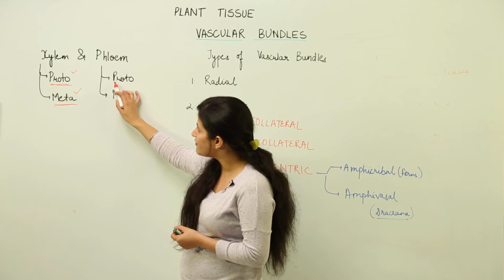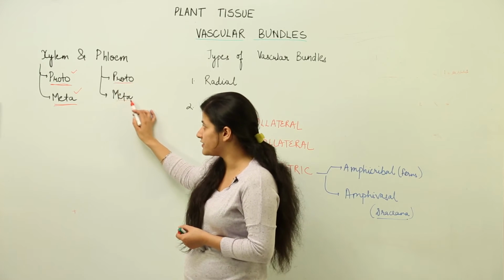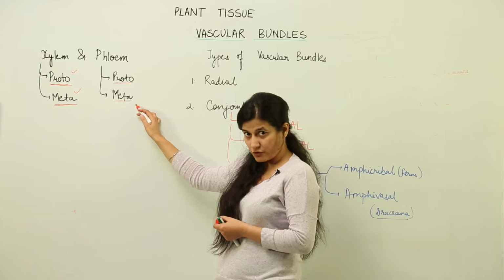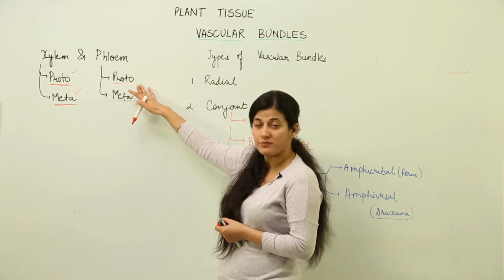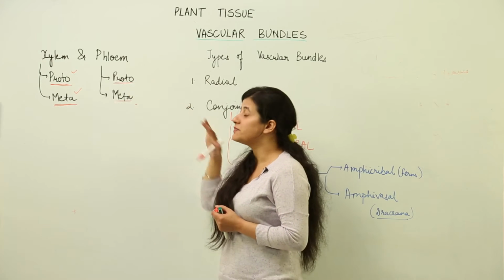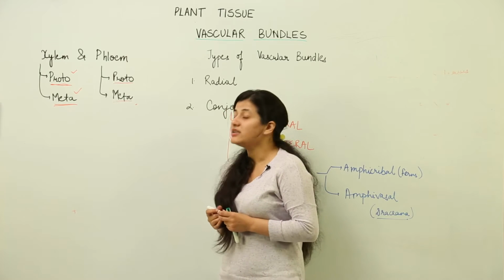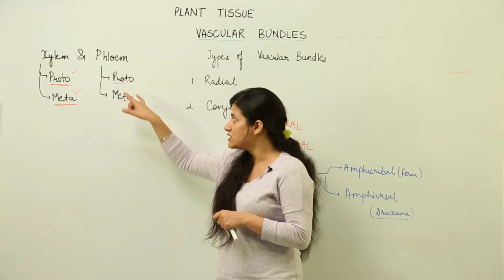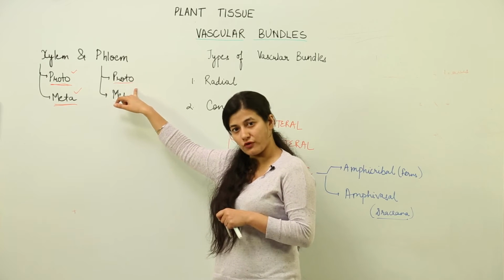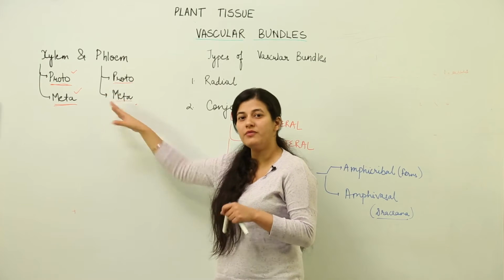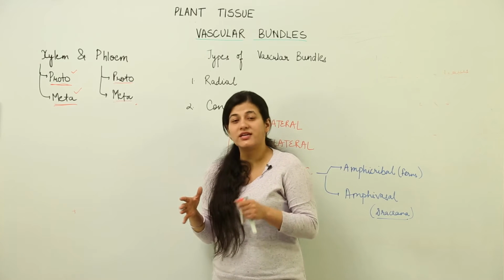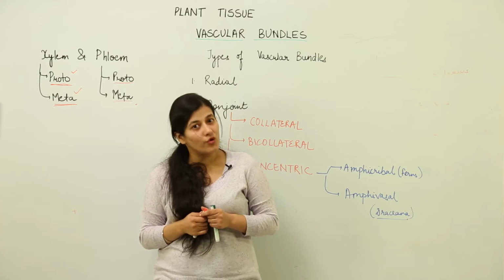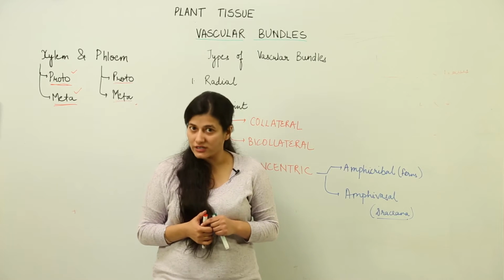Now we have protophloem and metaphloem. What is the basic difference between protophloem and metaphloem, apart from the fact that one is formed earlier and the other later on? The main difference is that the lumen of the sieve tube elements is smaller in protophloem, while in metaphloem the lumen is larger, because as the plant grows, it is going to form more food material and would need more conduction.